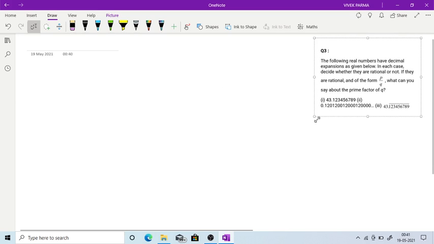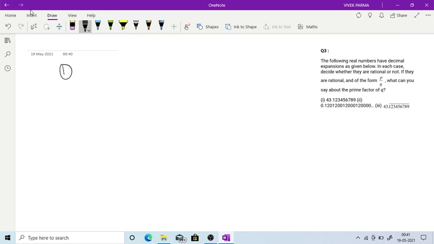So in question number 3, we have the following real numbers which have decimal expansions as given below, right? In each case, decide whether they are rational or not. If they are rational and of the form p upon q, what can you say about the prime factors of q, right?